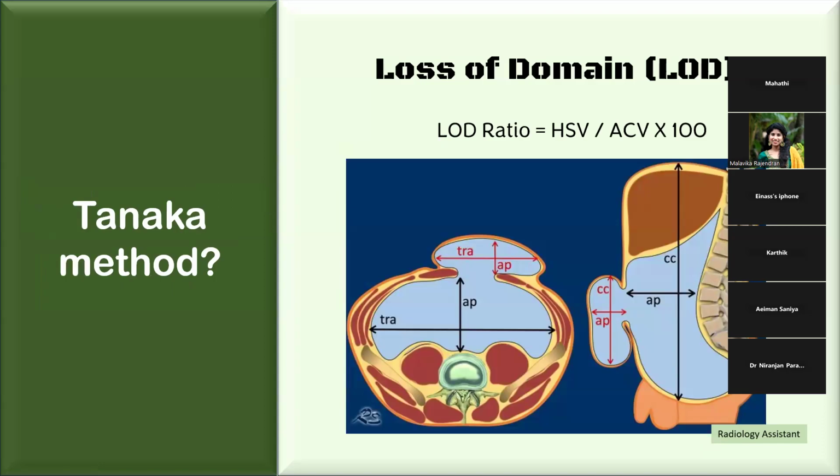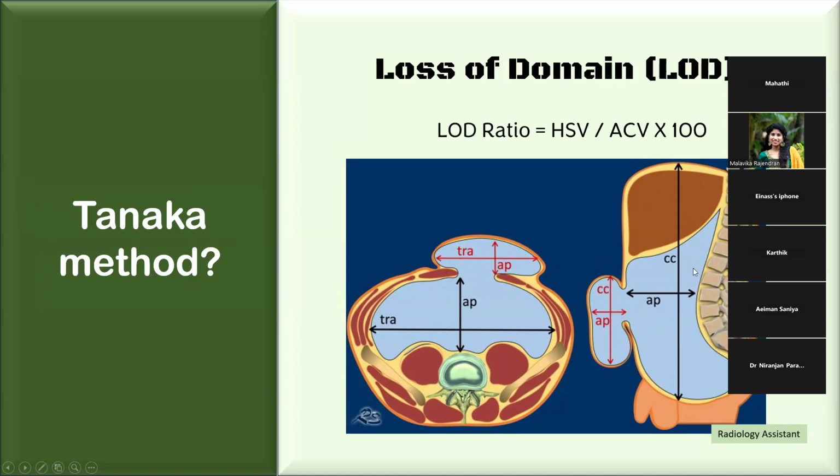The loss of domain ratio is hernial sac volume divided by the abdominal cavity volume multiplied by 100, expressed as a percentage. So you look at the cephalocaudal and anteroposterior distances of these volumes. This is the abdominal cavity volume. This is the hernial sac volume.